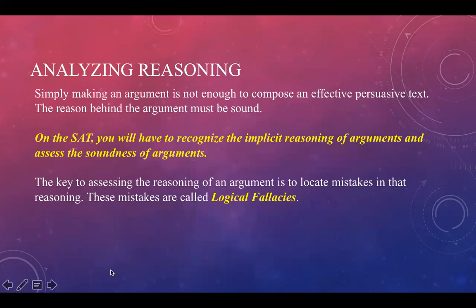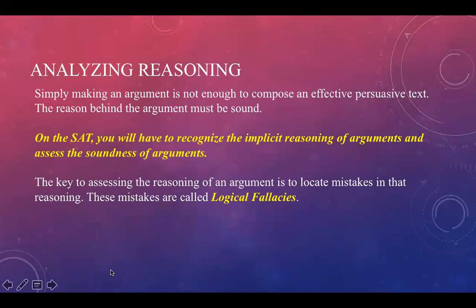On the SAT, you will have to recognize the implicit reasoning of arguments. There's that word again, implicit reasoning of arguments, and assess whether or not the arguments are valid, are true, are reasonable, are sound. The key to assessing the reasoning of an argument is to locate mistakes in the reasoning.